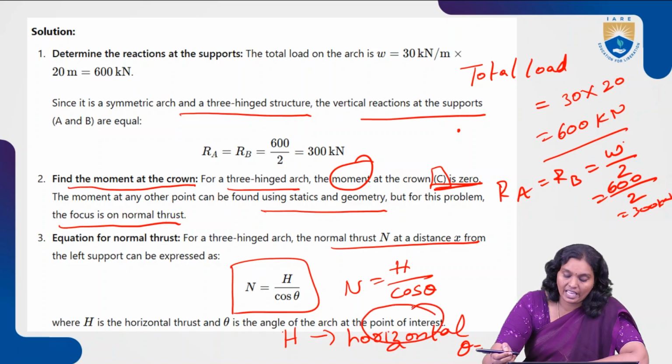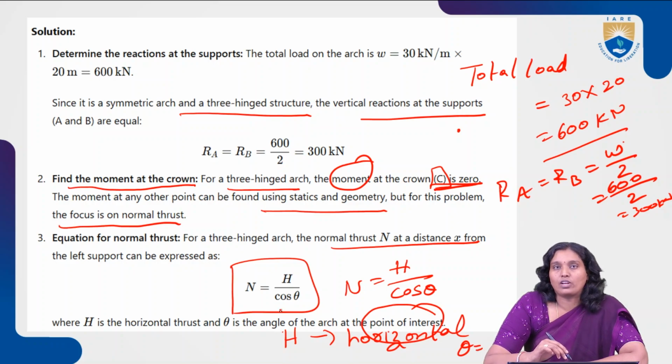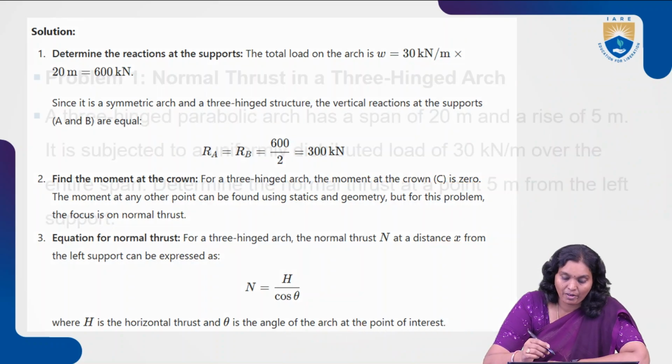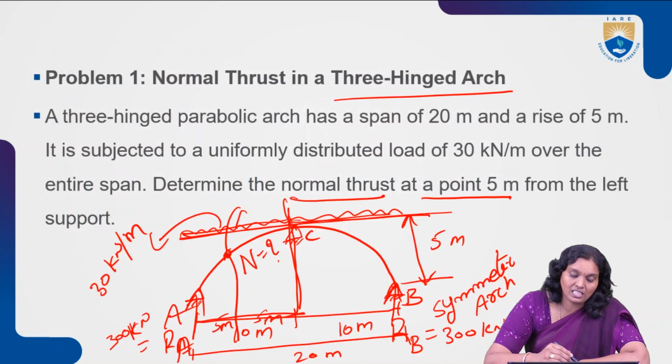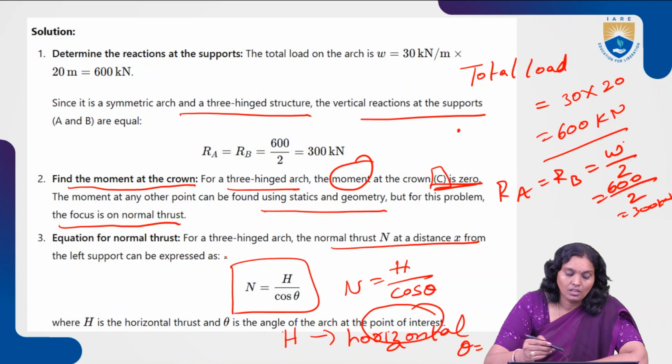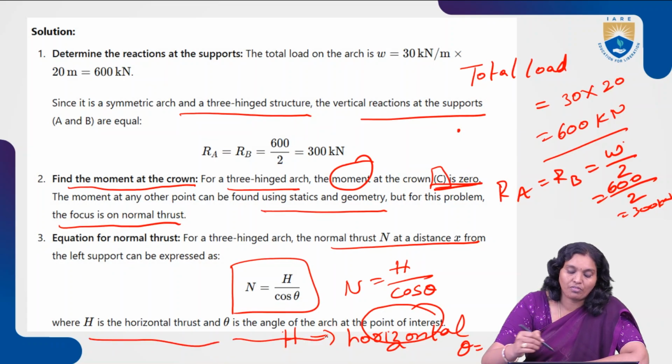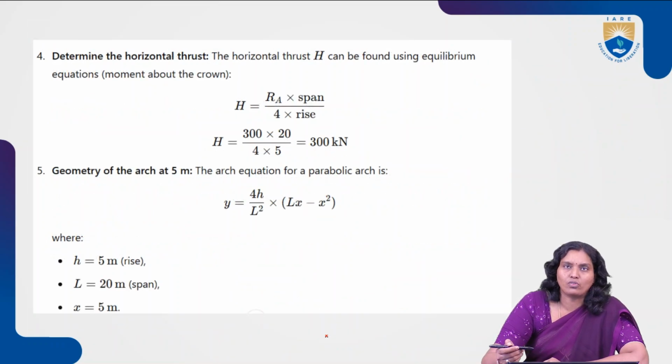So at 5 meters distance from the left, we are going to find theta. So the horizontal thrust and the angle of the arch at that point we have to find out.